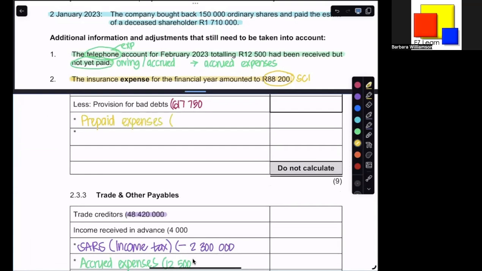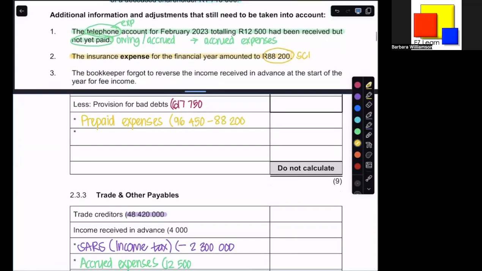But do make sure that even though you've worked out your 8,250 previously, you need to bring your numbers down here, because this is probably where the marks are going to be allocated for it. Okay. The bookkeeper forgot to reverse the income received in advance at the start of the year for fee income.